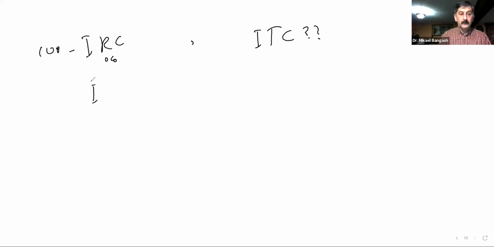Or if you are given a transmission coefficient and asked for the reflection coefficient, you subtract it from 100.